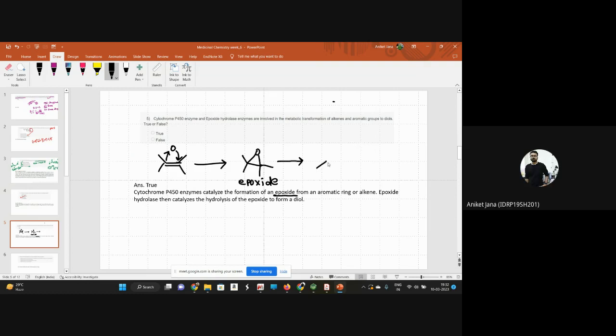Then one of these two bonds may break here or it may break here. Some mechanism is there, it can be acid catalyzed or base catalyzed. Then two OH groups are added, and this is a 1,2-diol.